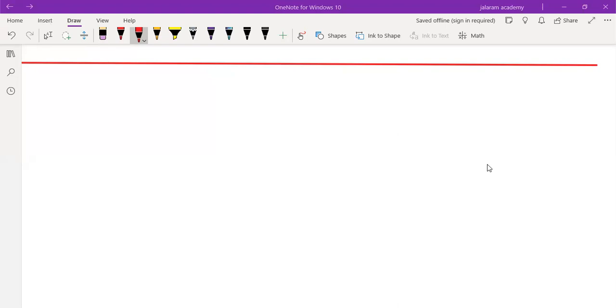Hello students, so today we will discuss the properties of determinants, by the use of which we can find the value of a determinant without the expansion of sigma aij into cofactor ij.